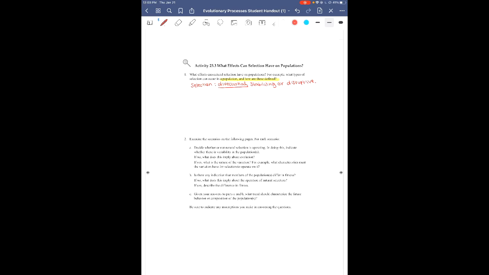Another form of selection is when two selections act on both extreme ends, and that will appear to stabilize around the mean. So it doesn't want anything that's too low or too high, so it tends to go towards the mean. And then for directional, it can either go this way or this way.